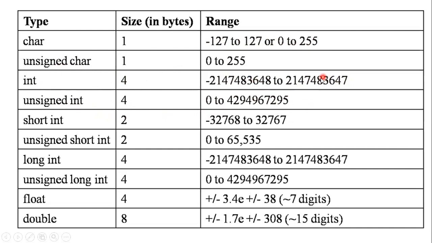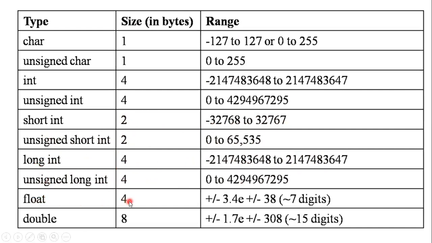Then short int requires 2 bytes, that is minus 32,768 to plus 32,767. Then unsigned short int also requires 2 bytes, there is no sign, that means double the values, so 0 to 65,535. Then long int requires 4 bytes, so its values are increased. Like that, unsigned long int also requires 4 bytes, with double the values of the ordinary long int.